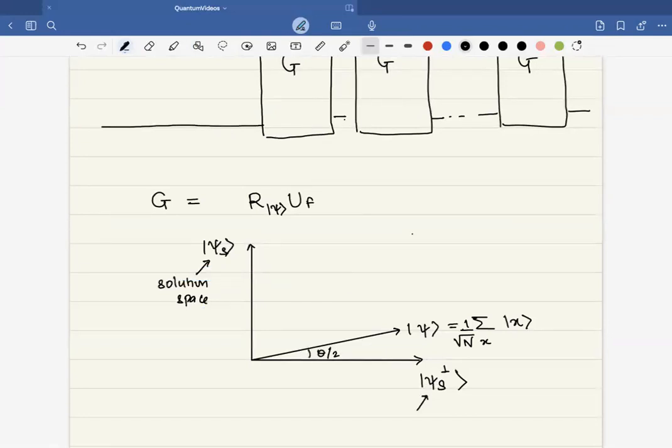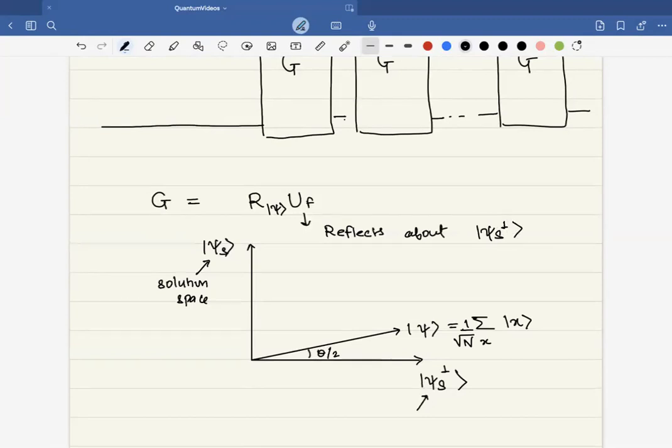So this Grover operator is a combination of two operators. The U of F operator reflects about psi of S perp.